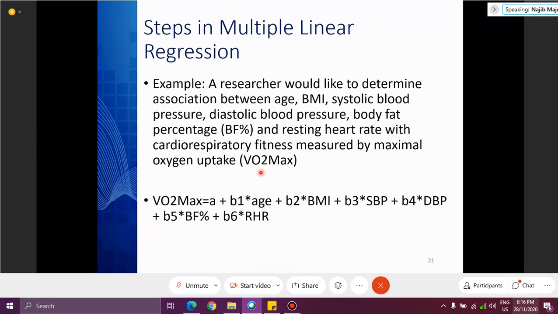So the preliminary equation is like this: VO2 max equals a, the intercept, plus beta 1 age plus beta 2 BMI plus beta 3 SBP plus beta 4 DBP plus beta 5 body fat percentage plus beta 6 resting heart rate. So we have 6 independent variables to test whether they have any association with VO2 max.